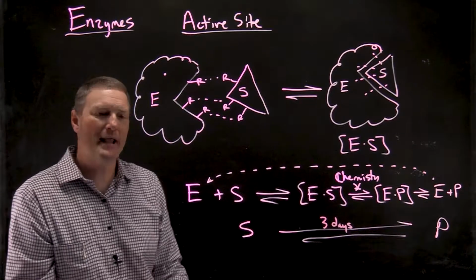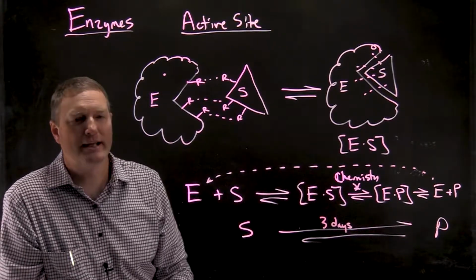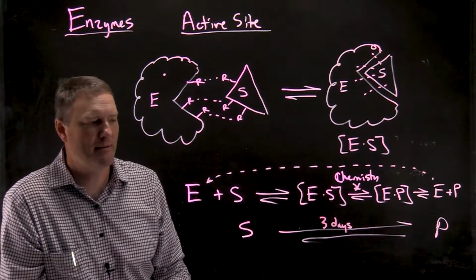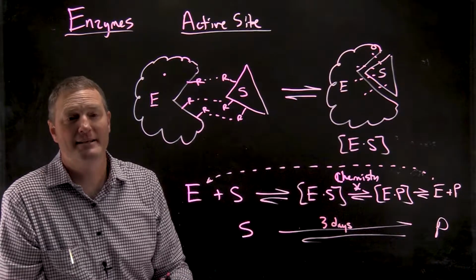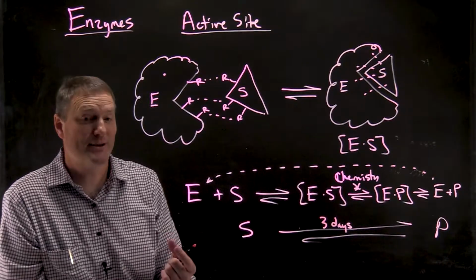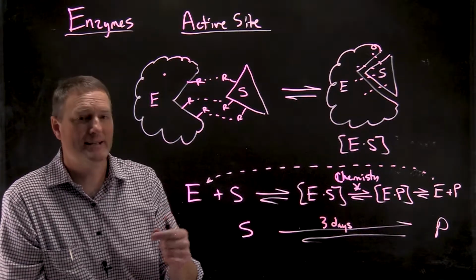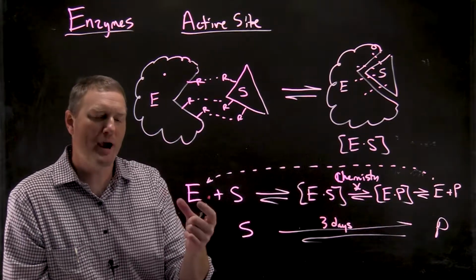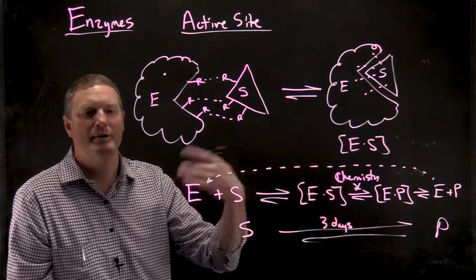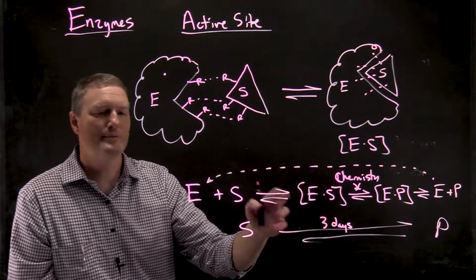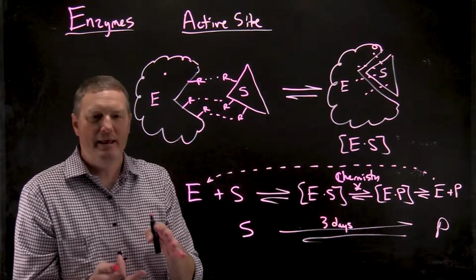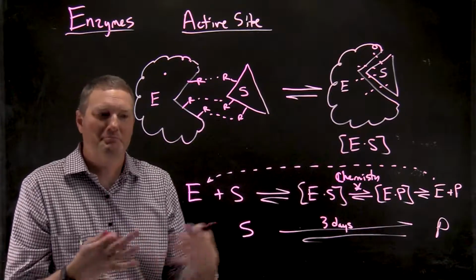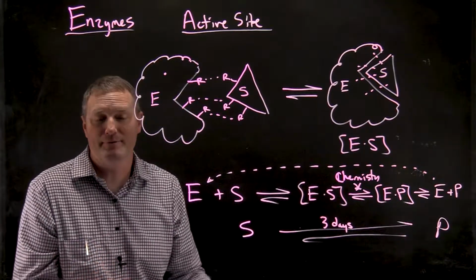A typical enzyme catalyst is going to catalyze this reaction in a much, much shorter amount of time, on the order of milliseconds, microseconds, and sometimes even nanoseconds. So we're talking 10 to the minus 9 seconds. So enzymes are extremely powerful catalysts that can speed up reactions to allow them to occur in a time frame that organisms like us can actually use in our lifespan.